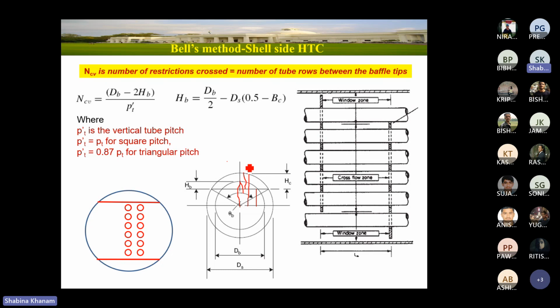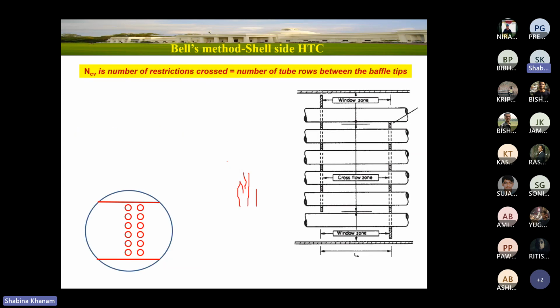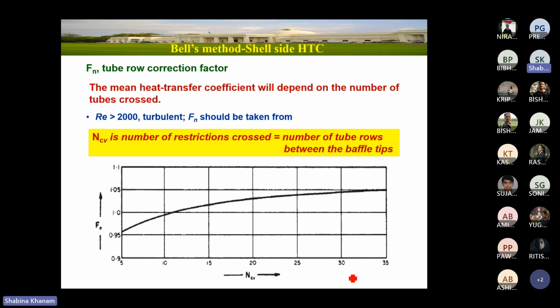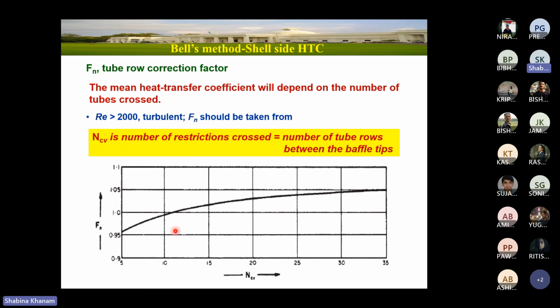So whatever you obtain, you need to consider NCV either rounded up or rounded off. What you need to consider, we will discuss while doing the example. So NCV you can calculate like this, and after that you can use NCV over here to find out FN, right?